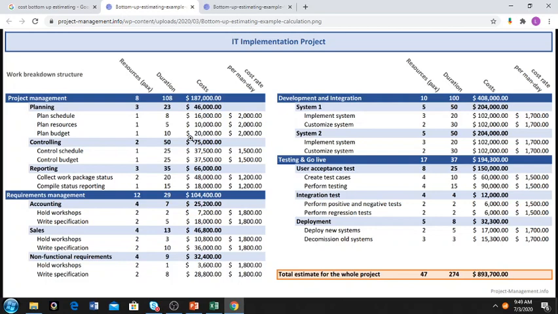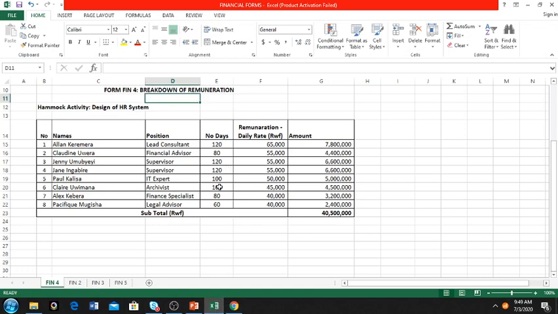You multiply them, and then it is bottom-up because you evaluate each work breakdown separately, and then you sum them up later. So this is bottom-up. Even here you see, for example, the breakdown of remuneration.